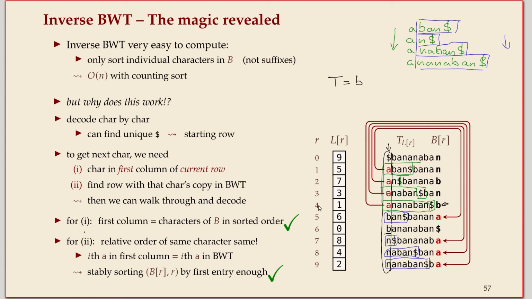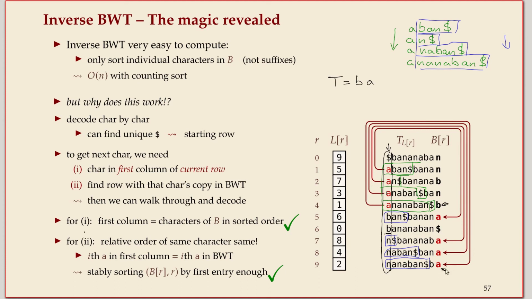So we're now in row 4. And again, we can look in the sorted list, what is the character at index 4? That's an A. So I output this A. It's not just any A, it's actually the last A in the sorted order. So I map it to the last A in the BWT.